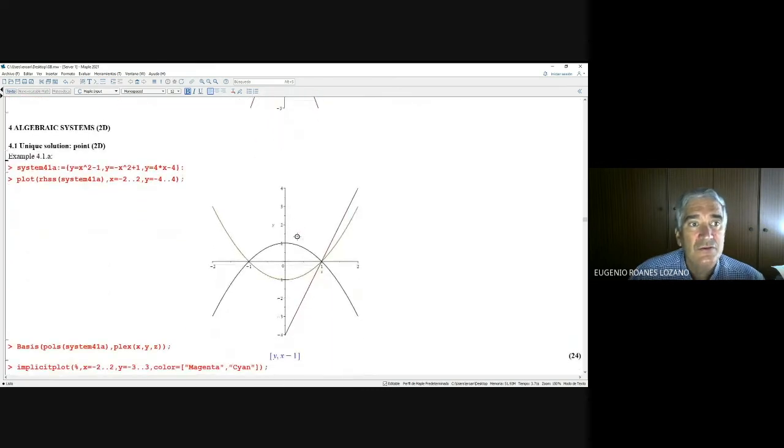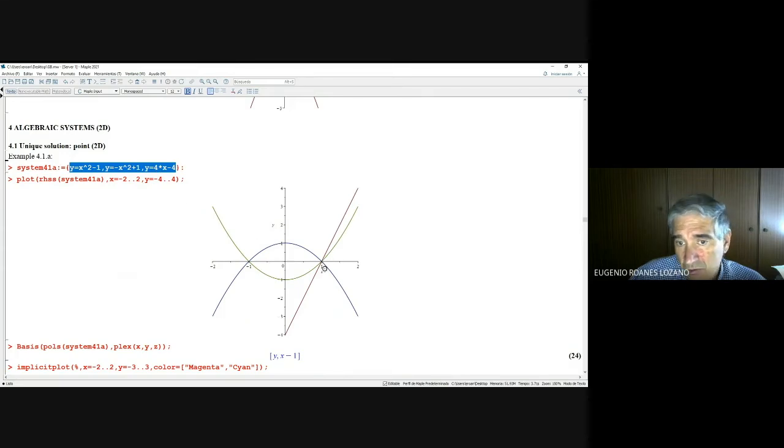Well, let's move to algebraic systems. First, we'll see some examples in the 2D case, and later in the 3D case. In the 2D case, the system can have a unique solution. In this case, we have three polynomials. Two of them are parabolas, and the other one is a straight line.